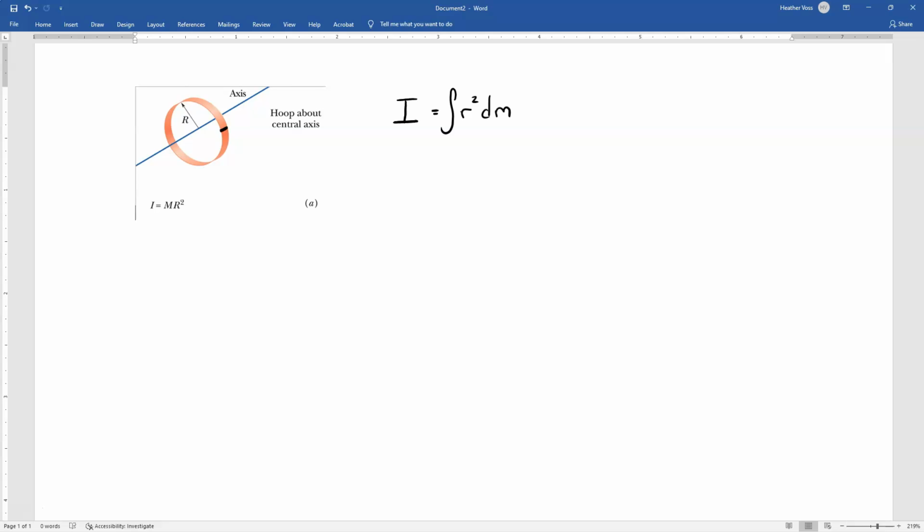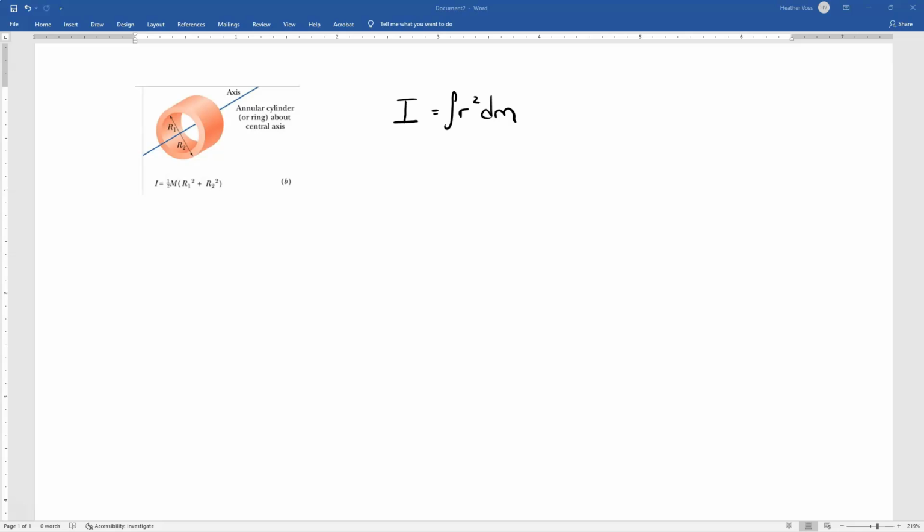We're going to just take a piece of that loop, and it has a little smidgen of mass. Now, for this example, you know that radius is constant. That radius is big R, so I can bring that out front. So I have r squared times the integral of dm. Well, that's going to be the total mass. So that's where we get mr squared.